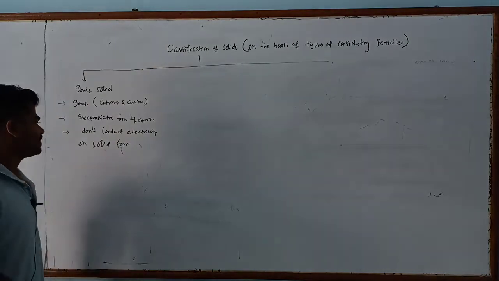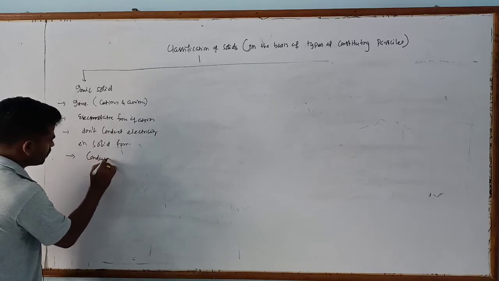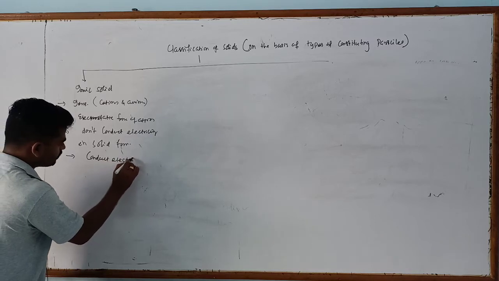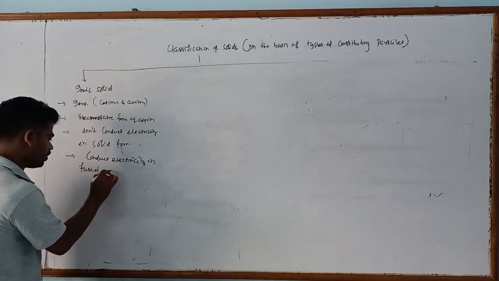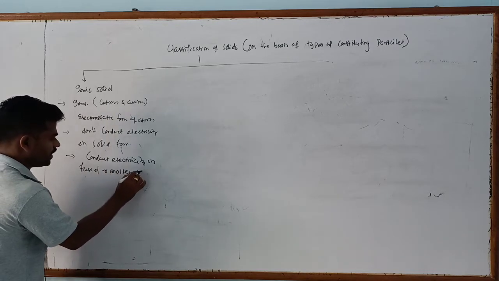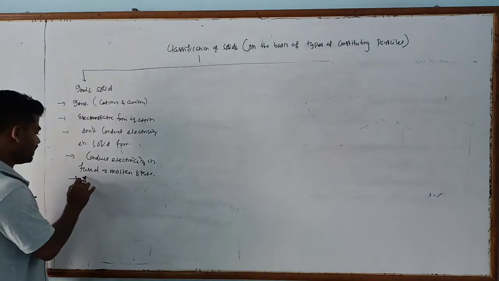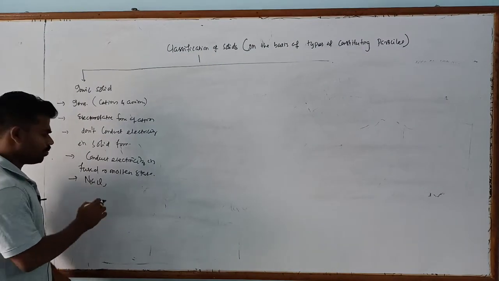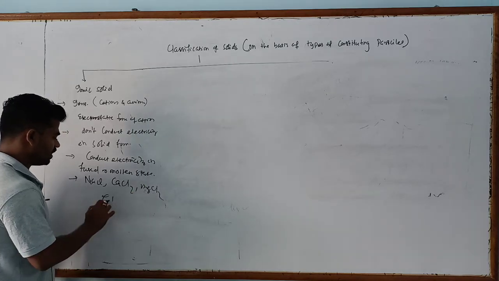However, they conduct electricity in their molten or fused state. Is that clear? Examples are NaCl, all ionic compounds, CaCl2, MgCl2, etc.